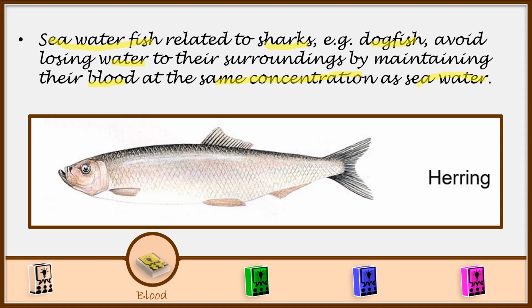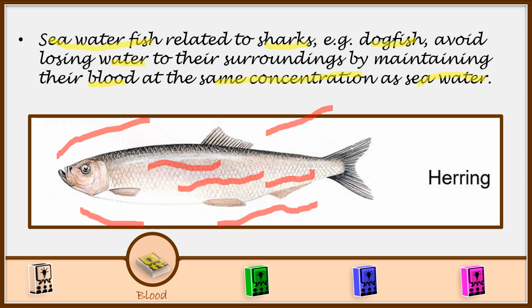So for them not to lose their water, the seawater fish like the dogfish are going to maintain their blood at the same concentration as that of the seawater, so that they don't lose water to their surroundings.